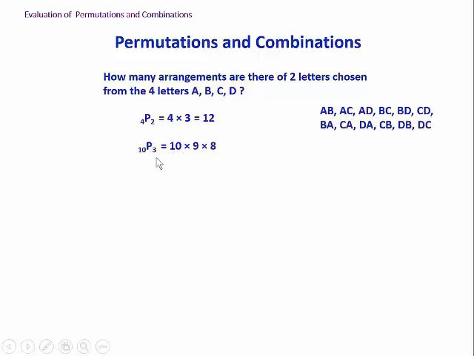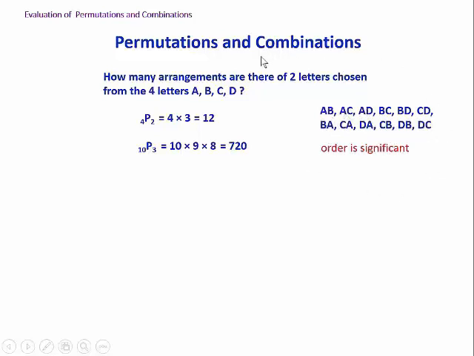And that's the number of ways of arranging three objects chosen from 10 objects. 10 times 9 times 8 comes to 720. So for permutations, the order is important. AB is considered to be different to BA, for example, and so on with the others.